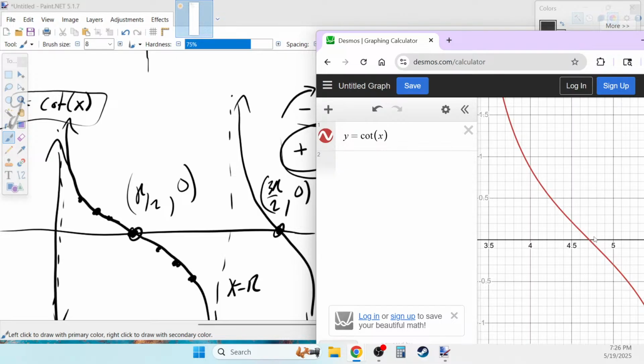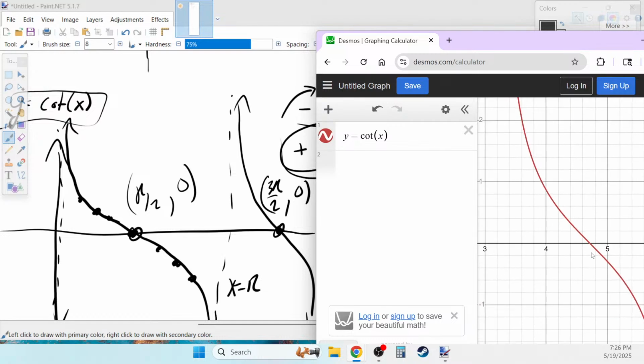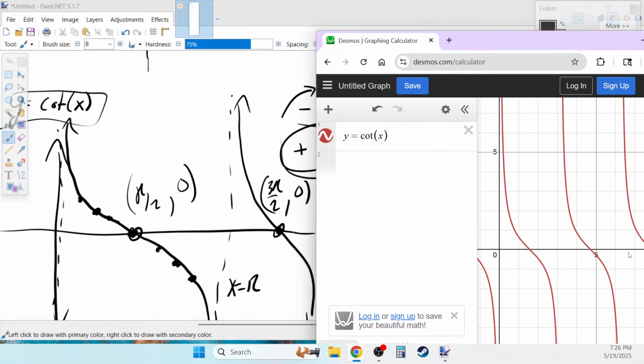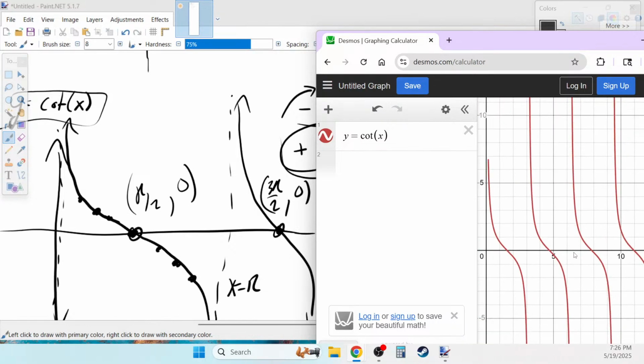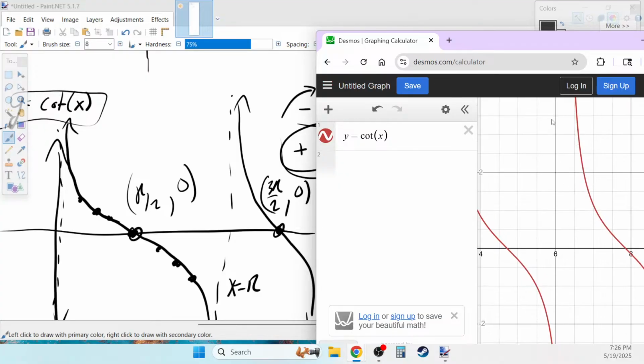Again, it'll be a little more because pi is a little more than 3. So we have a little more than 3 plus a little more than 1.5 equals a little more than 4.5. And then we should get another asymptote at 2 pi, which should be a little more than 6. And that's where it looks like it lands over here as well.